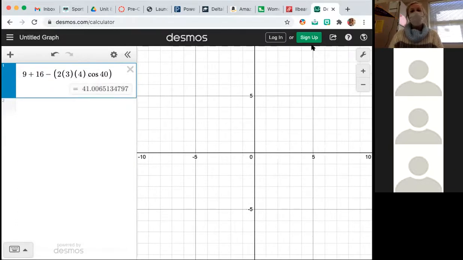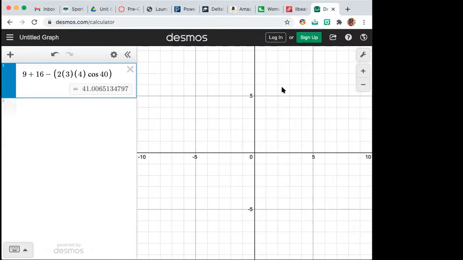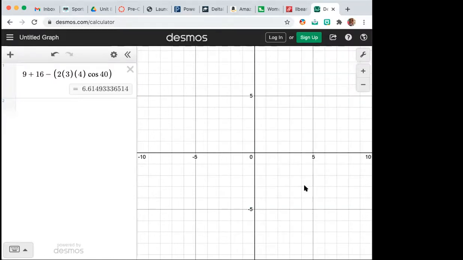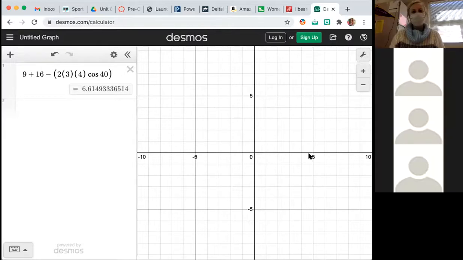All right, and then what mode do I need to make sure I'm in? Degree. So I'm going to go up here to my settings. I'm not in degrees, so it's a good thing I'm switching it. There's my degrees. All right, so what does this equal? 6.61, A squared, so how do you find just A? Very good, kiddos. Take the square root.